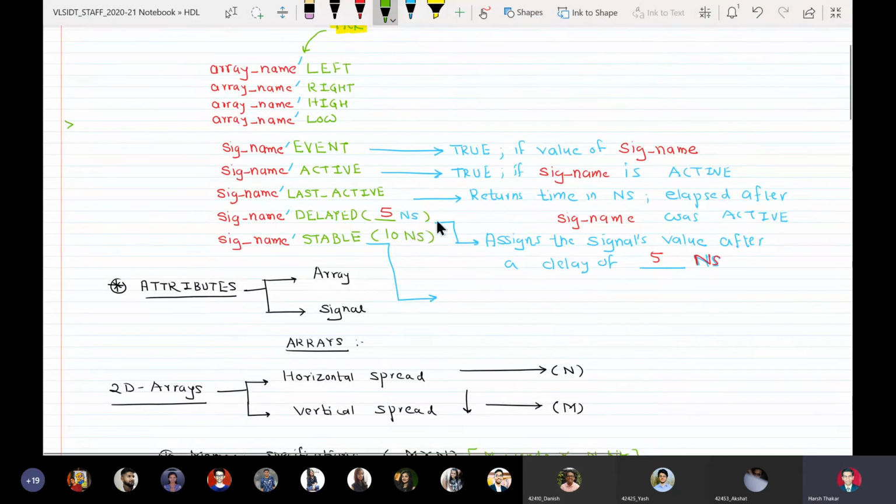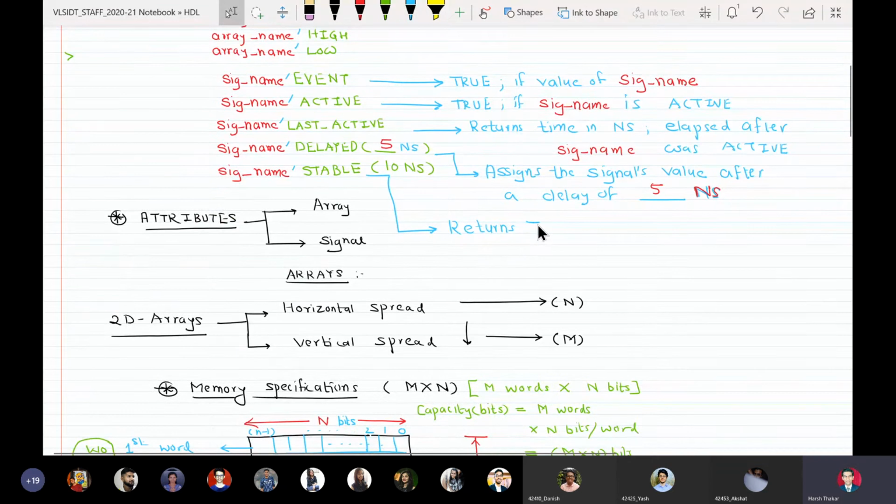So then it returns true if the signal sig underscore name has remained stable for at least 10 nanoseconds.